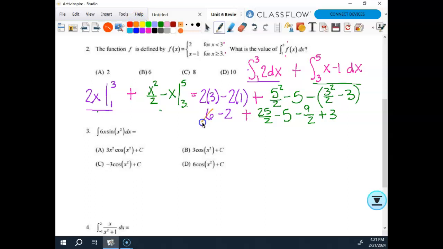So I know that 6 minus 2 is 4, minus 5 is a negative 1, plus 3 is 2, and then 25 over 2 minus 9 over 2 is going to be 16 over 2, which is 8, so that's 2 plus 8, which is 10.